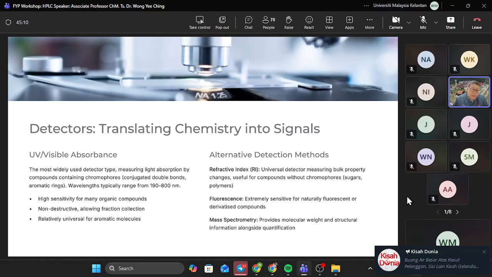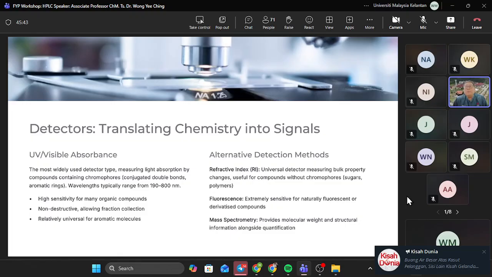So moving on, the last part will be your detector. This is where you are translating whatever thing that you have detected into signal. So from the signal there, we can actually collect the data and then be able to interpret. There are various detectors that can be coupled together into your HPLC machine.